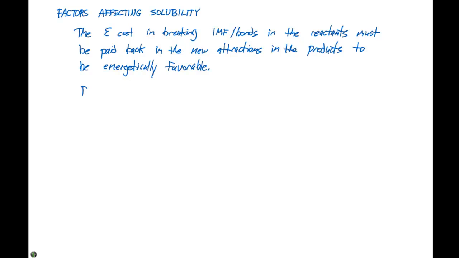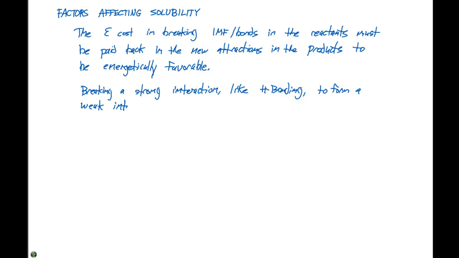So breaking a strong interaction like hydrogen bonding to form a weak interaction such as London dispersion forces is not energetically favorable.